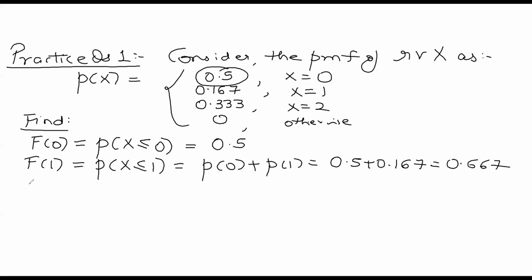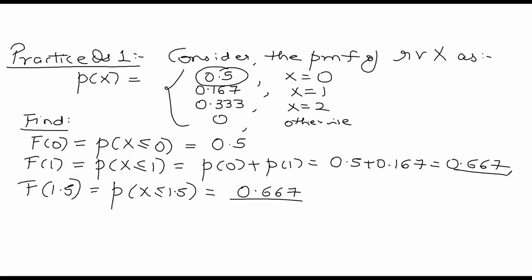If I ask you to find f of 1.5, what will that be? It will be probability of x less than equal to 1.5, which will be exactly this only, 0.667. Because 1.5 lies between 1 and 2. So probability of x less than equal to 1.5 is the same as probability of x less than equal to 1.